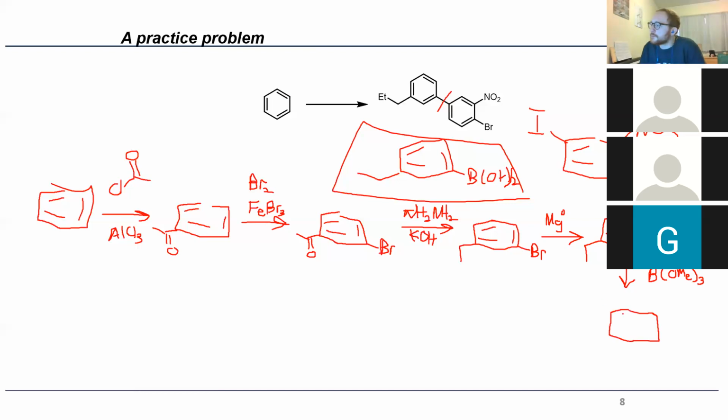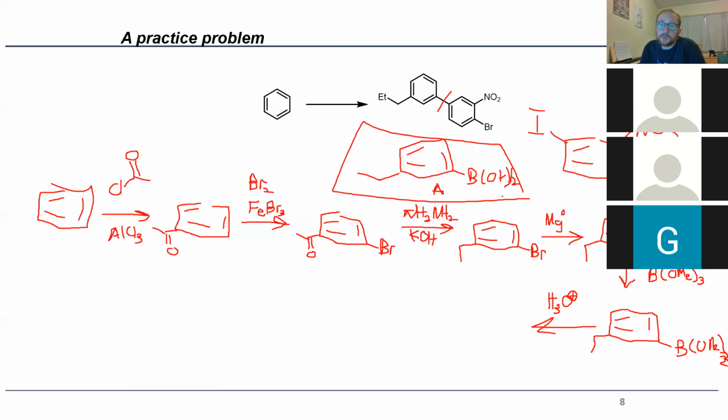That gives you the borane, or actually this is a boronate ester, I apologize. Just imagine the Grignard displacing one of the methoxy groups. This is 2, which can be hydrolyzed on workup to give us a coupling partner A.